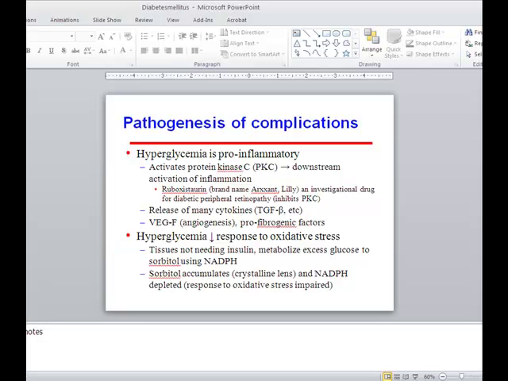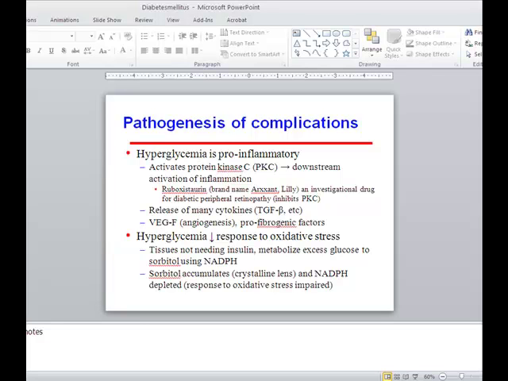But in diabetes, what happens? You have more than normal glucose getting into the lens, so more of that glucose is converted to sorbitol, so a lot more NADPH is being used. Some of the normal action of NADPH is to counteract the reactive oxygen species, so the reactive oxygen species start building up in the lens.